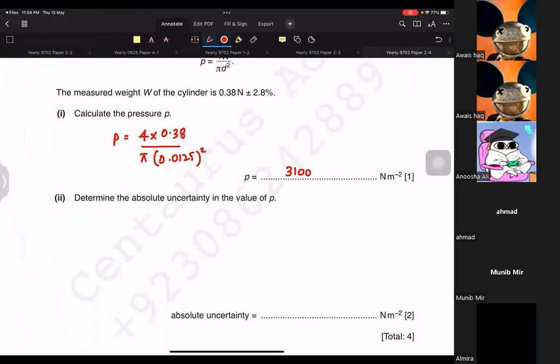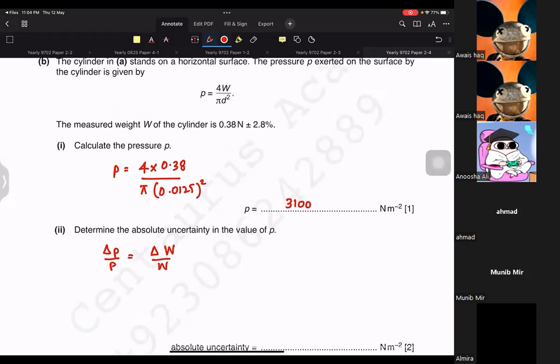So to do that, I have to write delta P over P equals delta W over W. We're going to ignore 4 because it's a constant, plus delta D over D, and then we multiply by 2 here because of the power. So you write 3100, and 2.8%, so you just write 2.8 divided by 100.